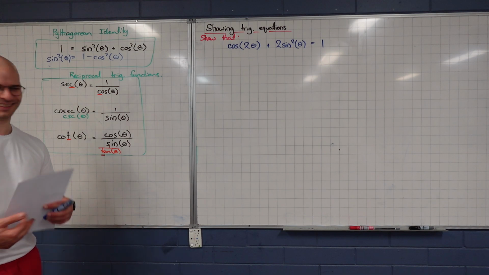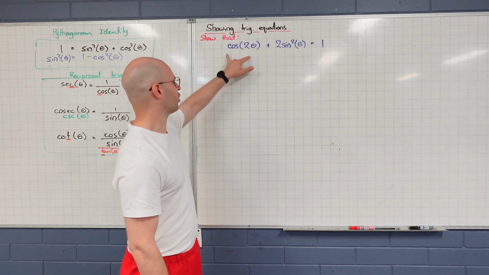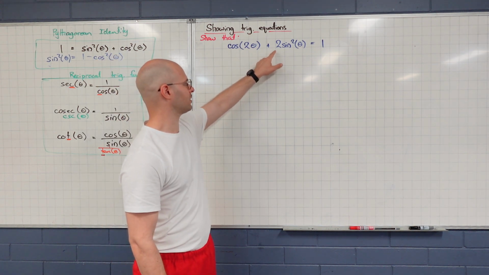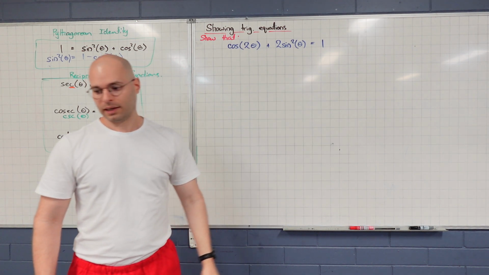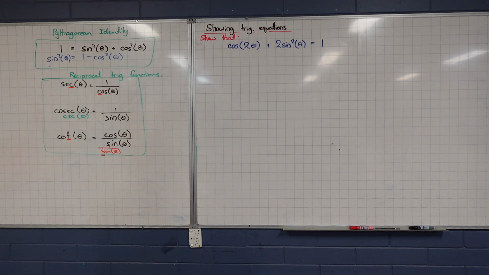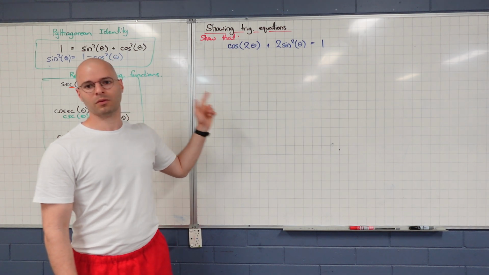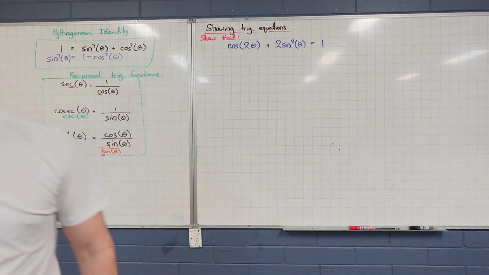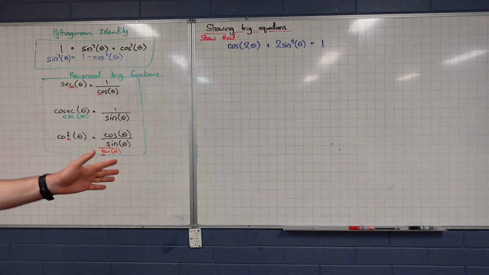Alright, so what we have over here is: show that cos 2 theta plus 2 sine squared theta is equal to 1. Now this level of question is a little bit trickier because you're dealing with different thetas. Whenever we deal with these, the first thing I always say is flatten the fraction out as much as you can.